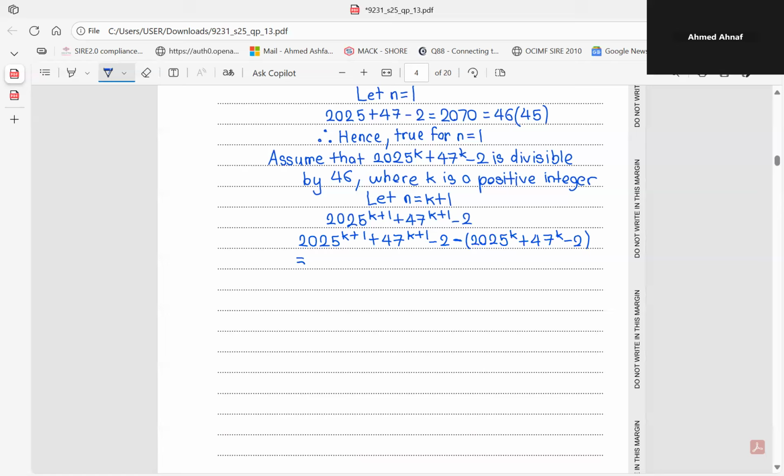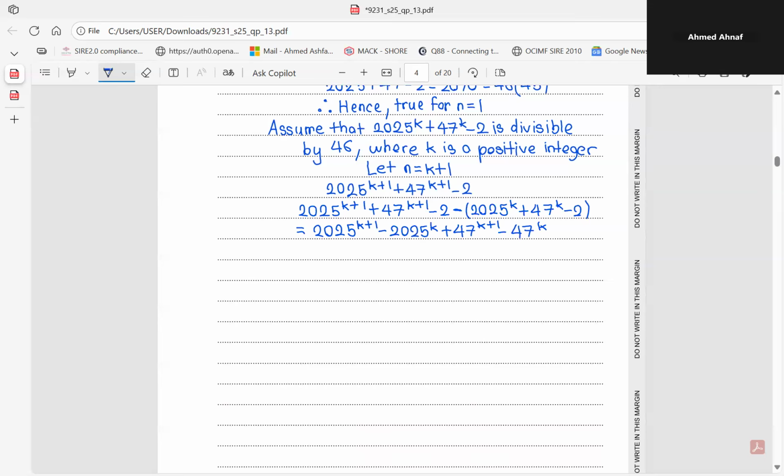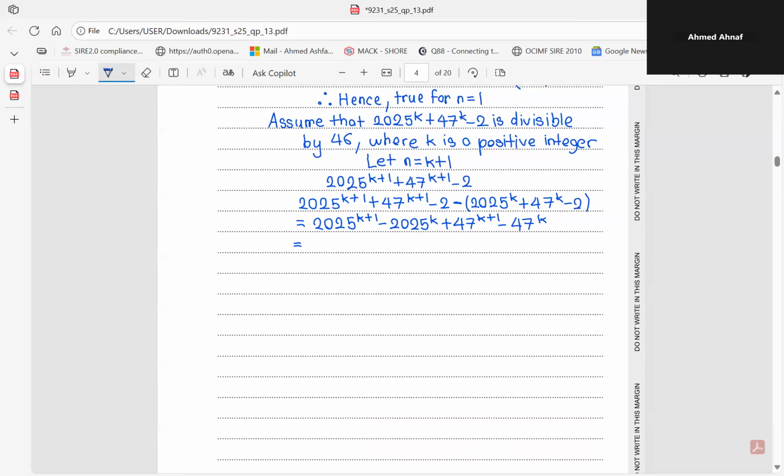So first, group all the like terms together. So 2025 to the power of k plus 1 minus 2025 to the power of k, plus 47 to the power of k plus 1 minus 47 to the power of k, minus 2 minus negative 2, that would just be 0. Now we're going to split this up using our laws of indices.